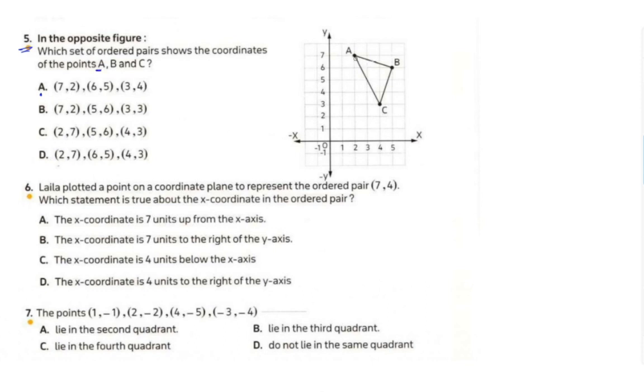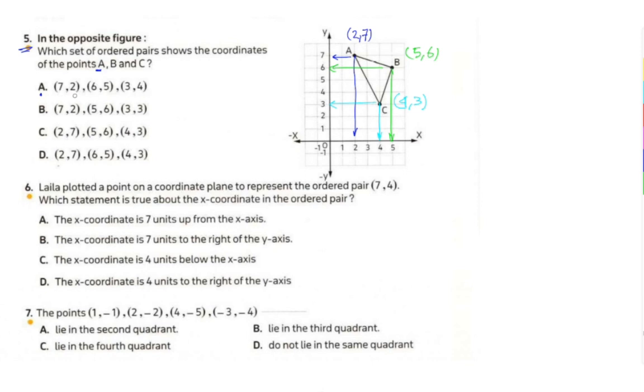If we look here at A, x is 2 and y is 7. B has x 5 and y 6. C has x 4 and y 3. We need to look for the right choice.